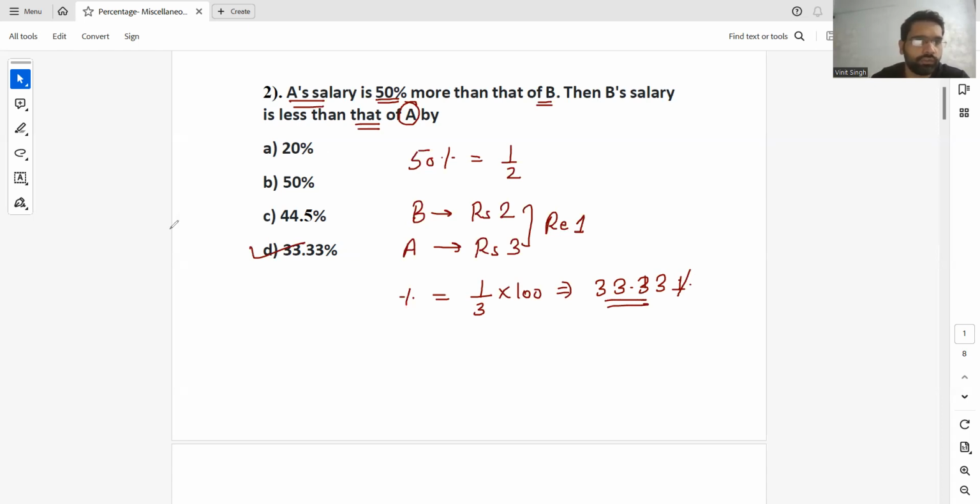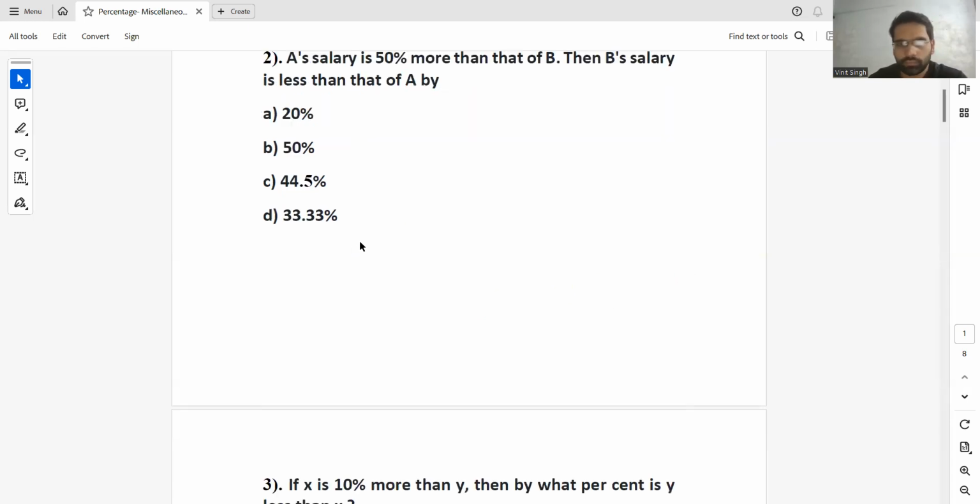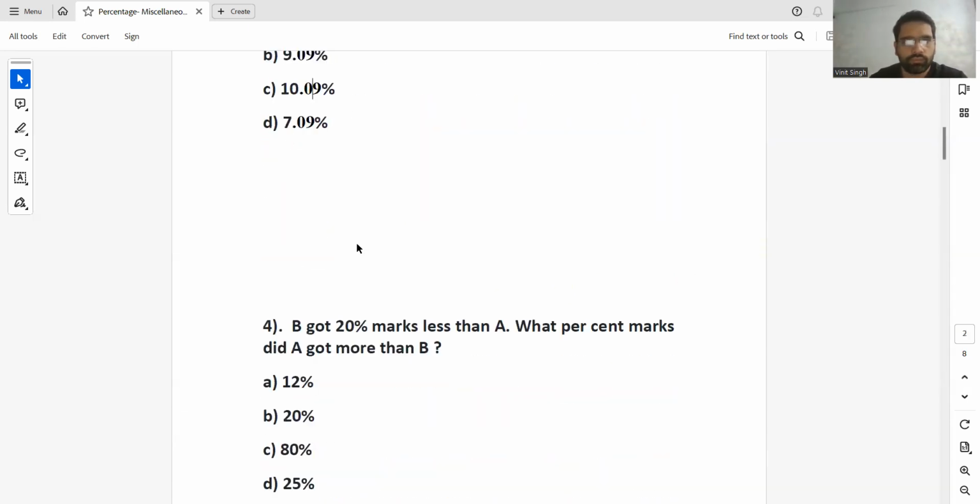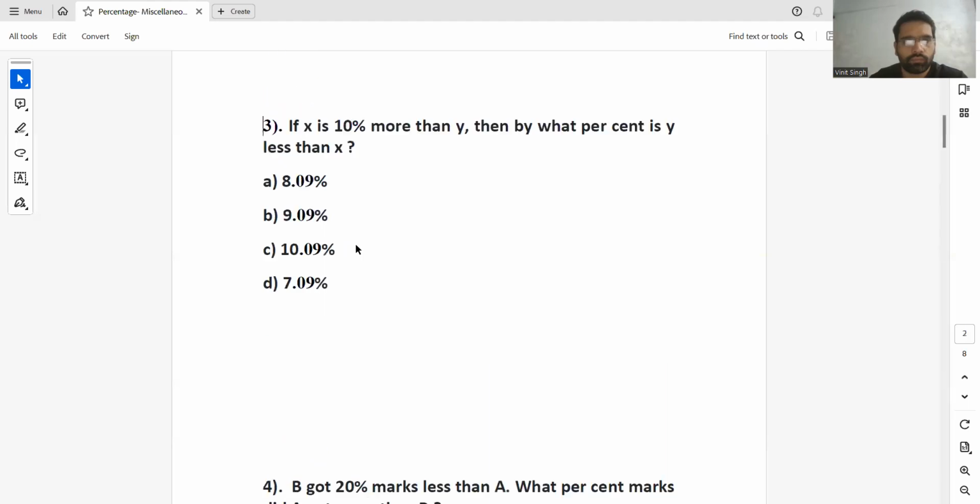Now, next question. Question number 3. If X is 10% more than Y, then by what percent is Y less than X? So we know that the fraction value of 10% is 1 upon 10.